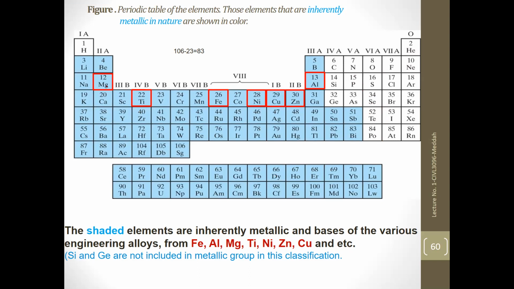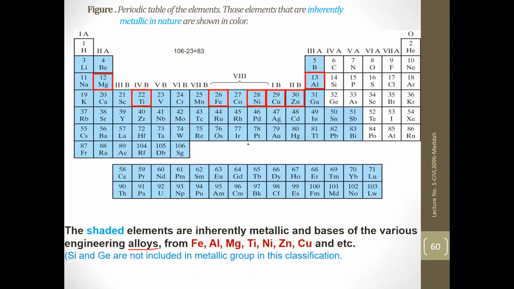But the most used elements, as you know, are these elements here colored in red: aluminum, zinc, copper, nickel, iron, titanium, magnesium. These are the most largely used metals, and by combining two metals together we can also form a new category called alloys.